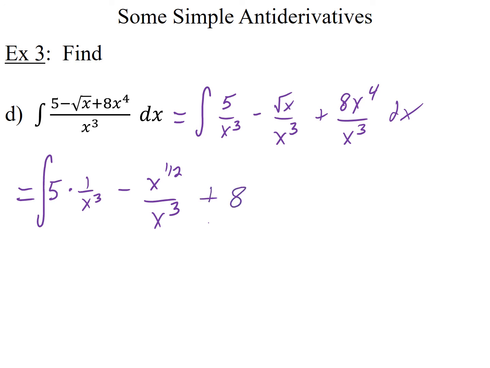And now, how do you deal with a situation like this? There's a few different ways. So let me give you one way. And again, if you know another way and it's correct, go ahead and do it that way too. But when you have x to a power divided by x to a power, you can write the answer as x to a power. And how do you get the power? You subtract the original powers that were there. If you're going to do it the way I'm showing you right now, you have to do the top power minus the bottom.